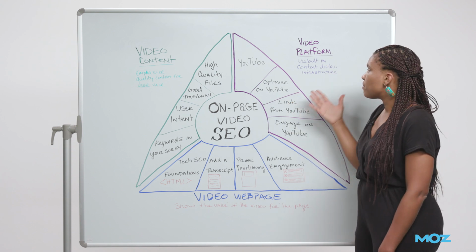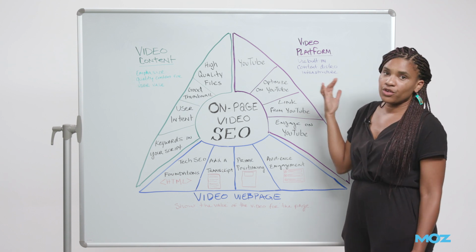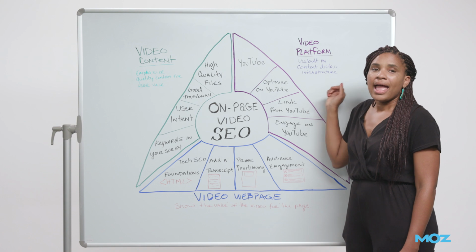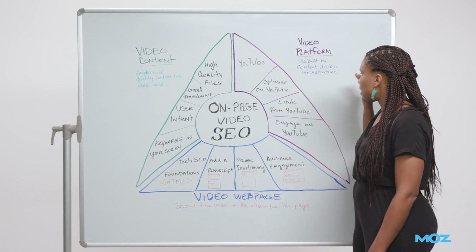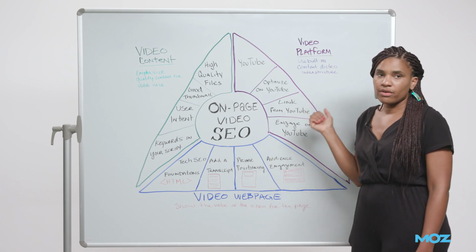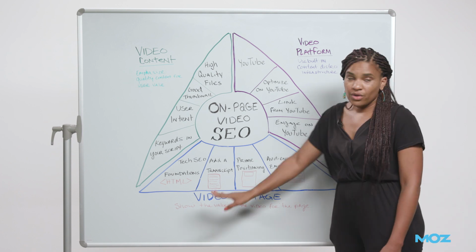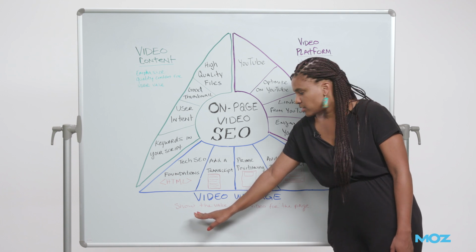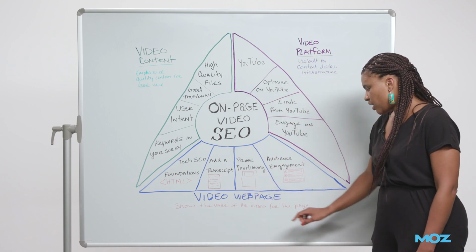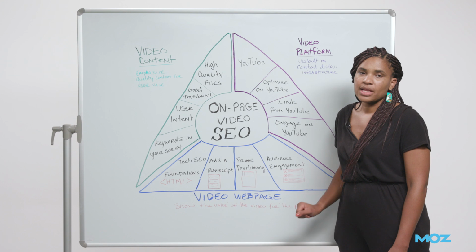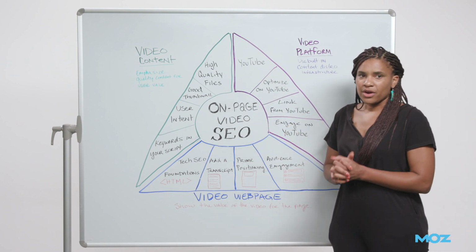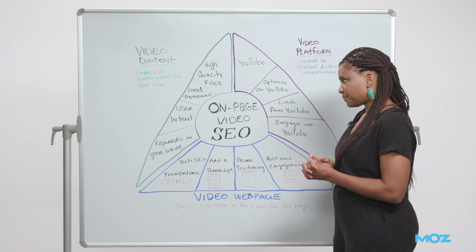It should be an opportunity for you to use some of the built-in content distribution infrastructure and also some of the built-in communication infrastructure of your video platform. When you get to the video web page, you want to identify ways that you can show the value of the video for the page and the website overall. And we'll get into the details of how we can do that as part of our on-page video SEO strategy.